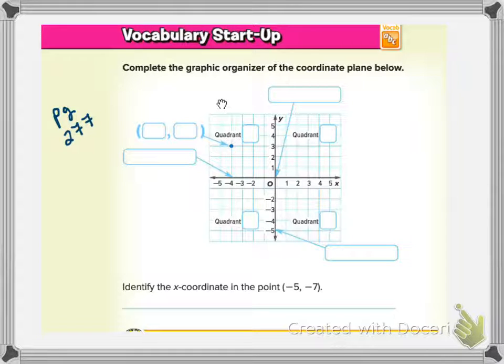First of all, of course, the coordinate plane is that combination between the x-axis and y-axis. So we want to label our x-axis. And we have our vertical axis, which is our y-axis.